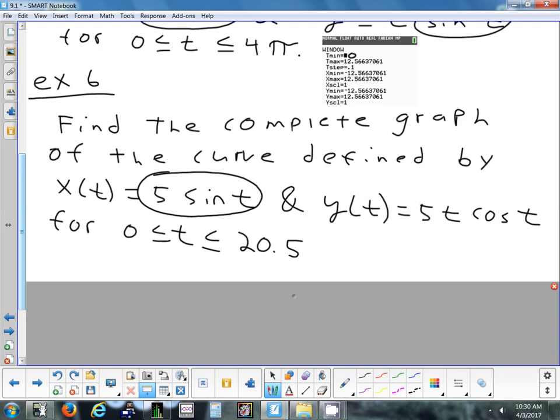Why is that one 5t cosine t and the other one is just 5 sine t? Just the formulas. So is this going to repeat back on itself? Well, think about what t is.